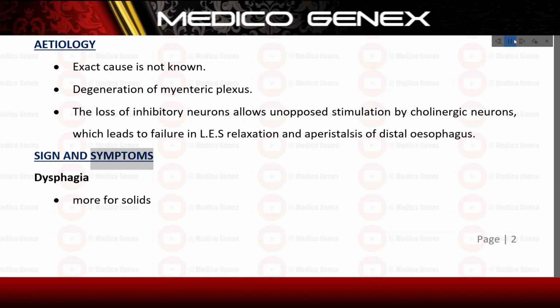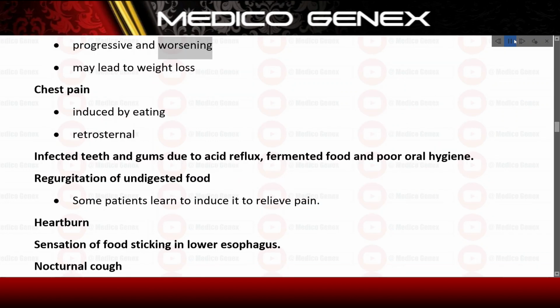Signs and symptoms. Dysphagia, more for solids. Progressive and worsening. May lead to weight loss. Chest pain, induced by eating, retrosternal. Infected teeth and gums due to acid reflux, fermented food and poor oral hygiene.